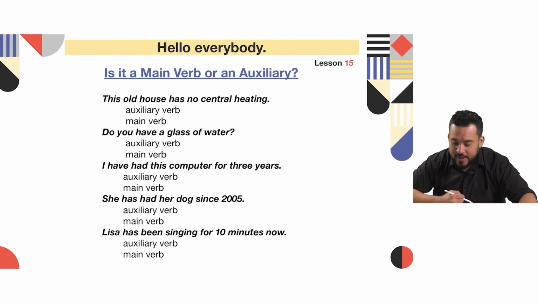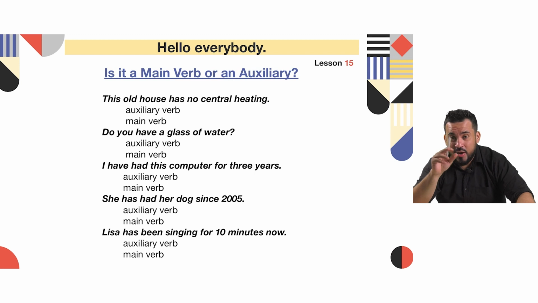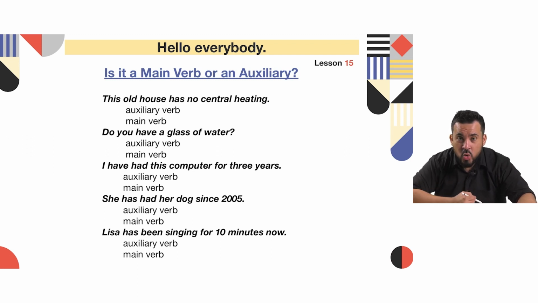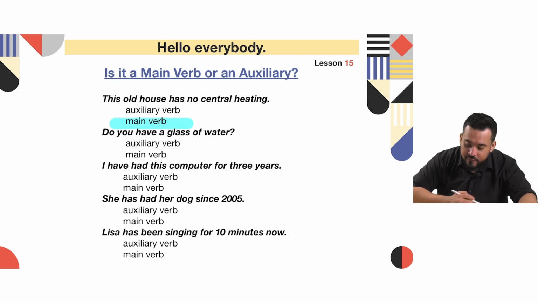All right. Now, let's do a quick exercise to determine if have is the main verb or if it's an auxiliary. The old house has no central heating. This is a main verb because there are no other verbs.